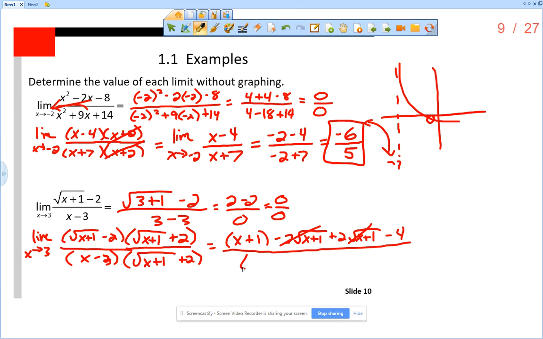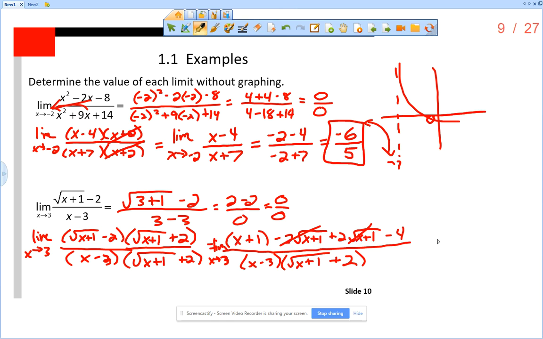Why do I not want to multiply out the denominator? Because I know that x minus 3 must be a common factor, because once again, I'm evaluating the limit as x approaches 3, and when I plugged in initially, I got 0 over 0. So that means x minus 3 must be a common factor, and ultimately it must reduce. So continuing here, the square root of x plus 1 plus 2. Now I look at the numerator, the roots subtracted out.